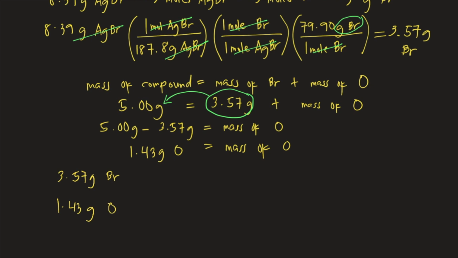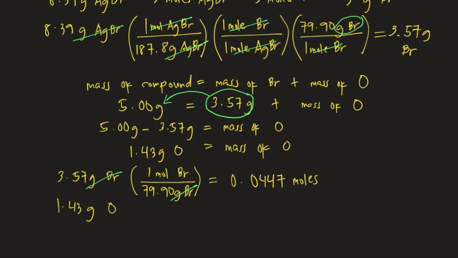Now, what we need to do is to find the moles of Br and moles of oxygen. So let's start first with Br. The molar mass of Br is 79.90 grams of Br in 1 mole of Br. So the grams will cancel, and the moles of Br is equal to 0.0447 moles.